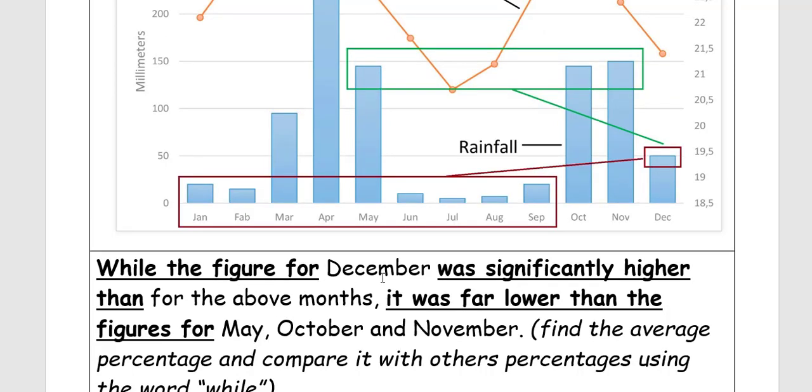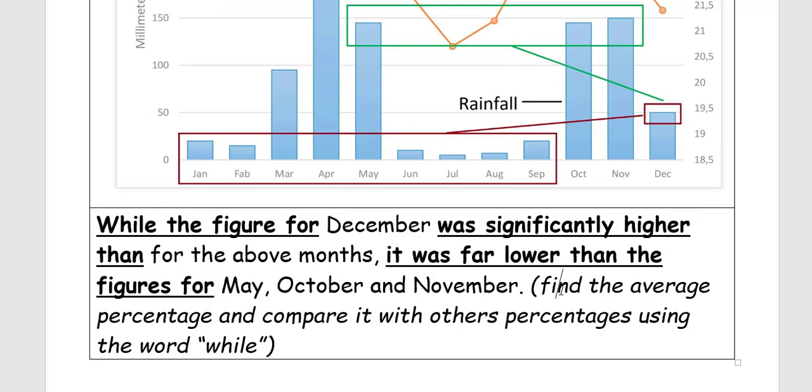While the figure for December was significantly higher than for the above months, okay, so if you look at December, we can see that this figure, right, is significantly higher than the figures for all the months that we have described. It was far lower than the figures for May, October, and November. So now we're just taking all of these months and we can say that this figure was lower than the figures for these months.